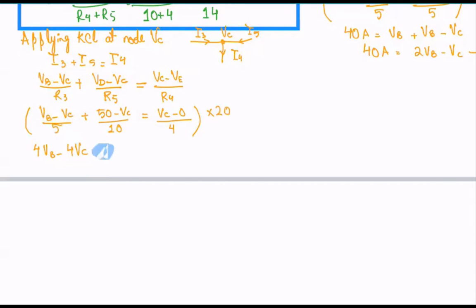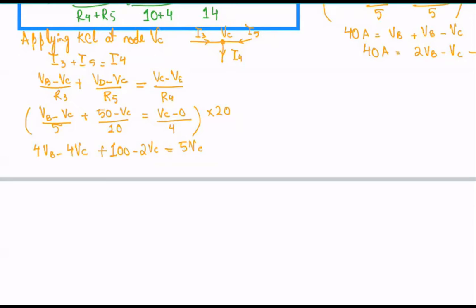Plus, again, 20 divided by 10 gives me 2, and then I multiply that by 50 minus VC. So I will get 100 minus 2VC equals 5VC, right?